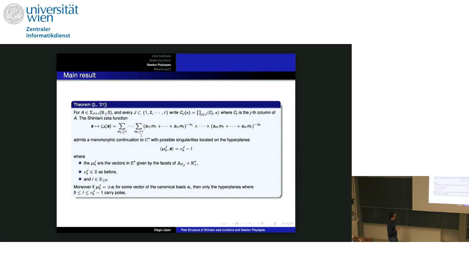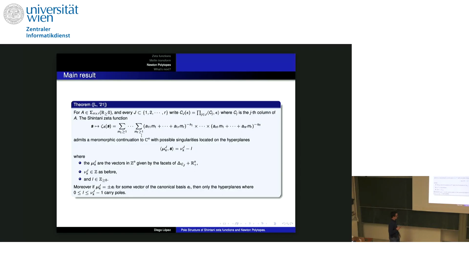So let me explain what each of the elements of these equations are. Notice that each of these c_J is a polynomial. And for each of these polynomials, we consider their Newton polytope plus R^n. And these mu_kj's are the inward vectors of this face, of this set we describe here.